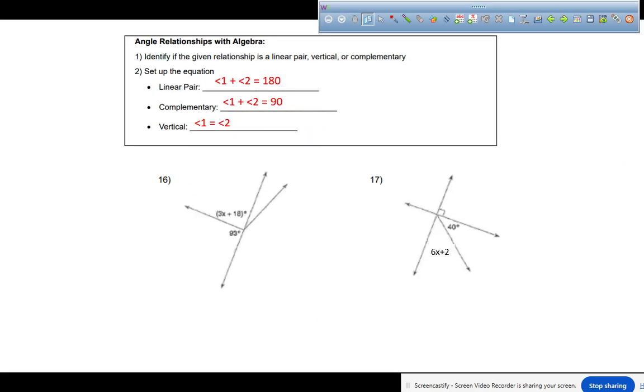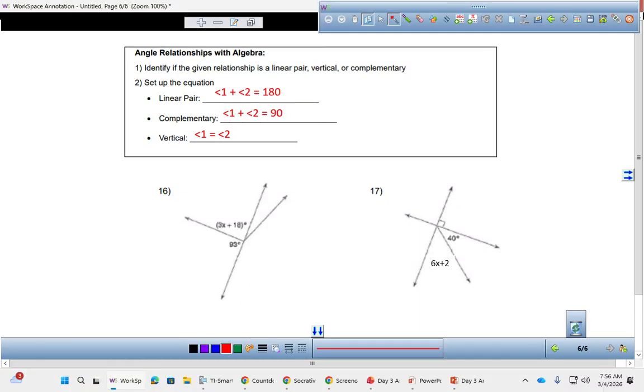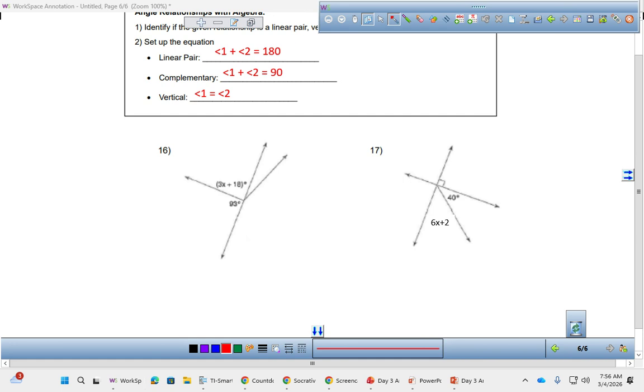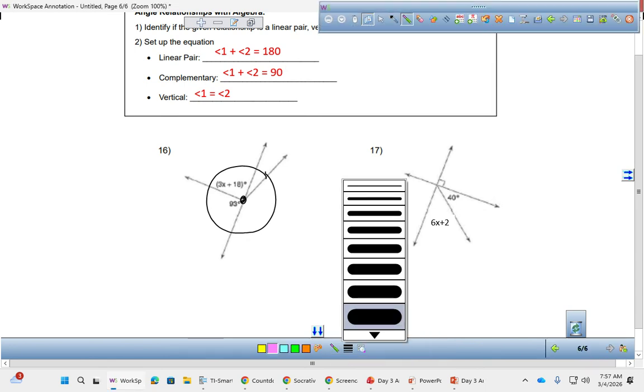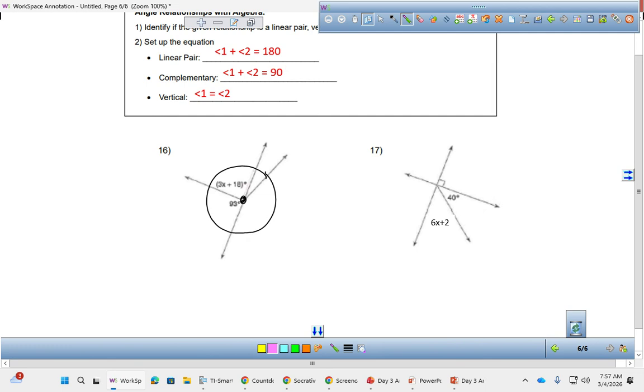And I have this kind of just copied up here in case you need it. So example 16, I like to draw my pizza. You don't have to do this maybe, but I think it helps. All right, so if that's my pizza, and I'm looking at these two angles here, here's this slice.